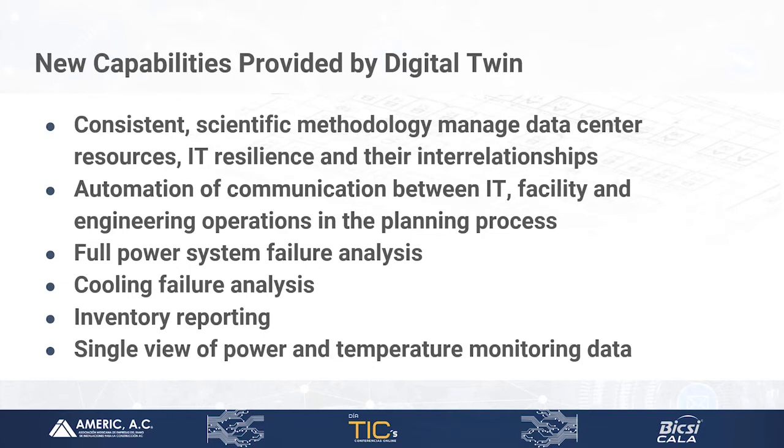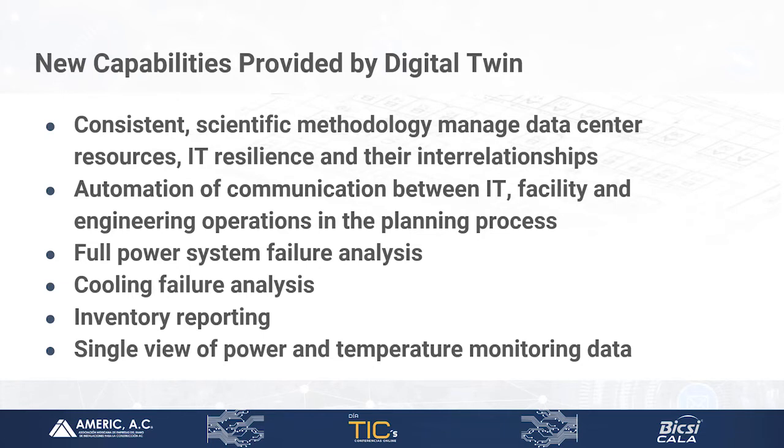They gained a new and powerful power system failure analysis capability that they didn't have. This allows them to run closer to the margin on power, because now they know exactly what will happen under failure scenarios. And the same goes for cooling. They're able to run cooling failure scenarios as well.